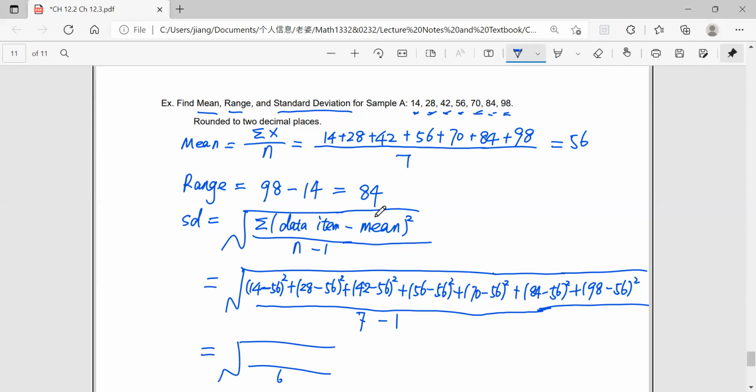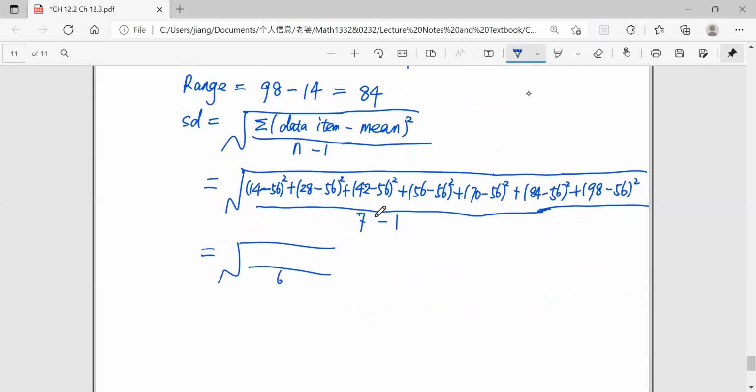The first one, we just computed a little bit. 14 minus 56 is negative 42, squared. And then plus 28 minus 56 is negative 28, squared, plus 42 minus 56 is negative 14, squared.